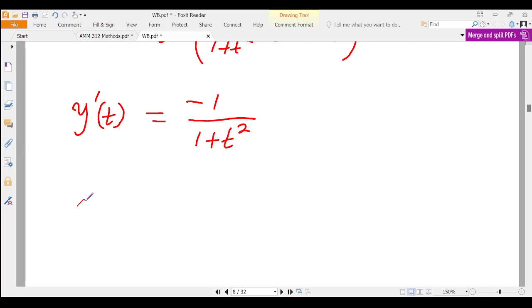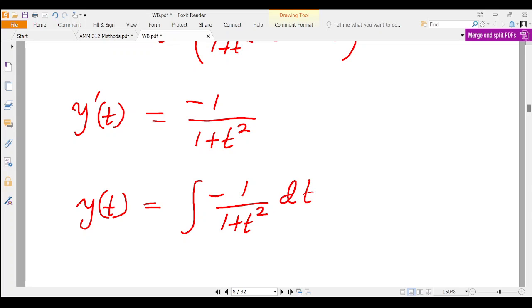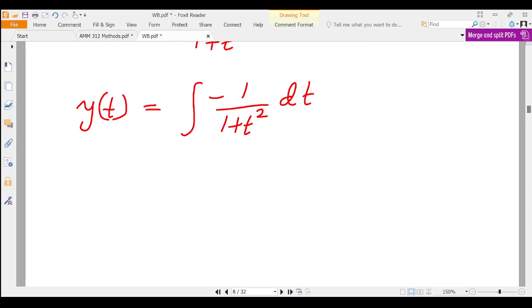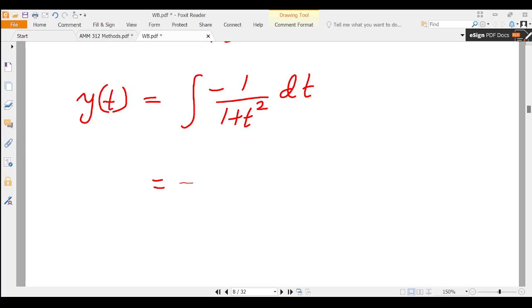So if I want y of t, then I'm going to integrate this with respect to t, minus 1 over 1 plus t squared dt. The integral of this is minus tan inverse of t plus a constant. This is y of t.